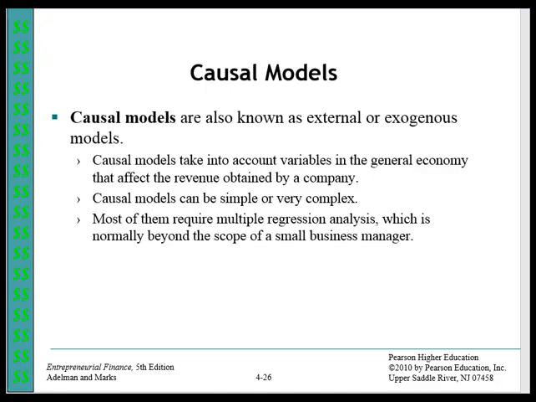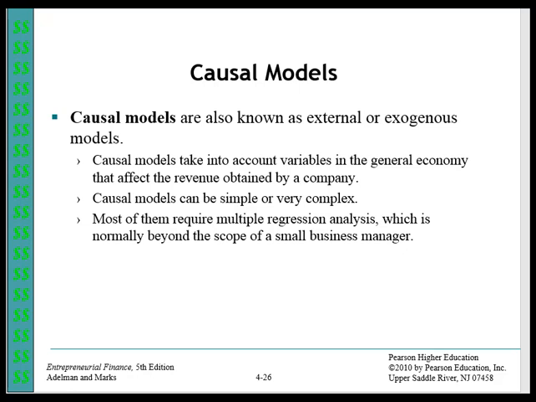The last kind of model we can have is something called a causal model. And this data comes from the economy. It comes from outside the company, if you will. So what things outside of our company have an impact on the revenue of the company? These can be kind of simple. They can be complex.